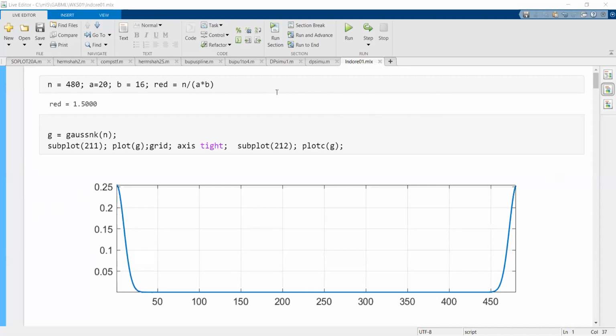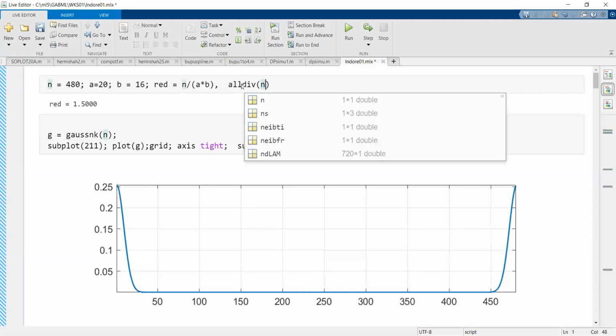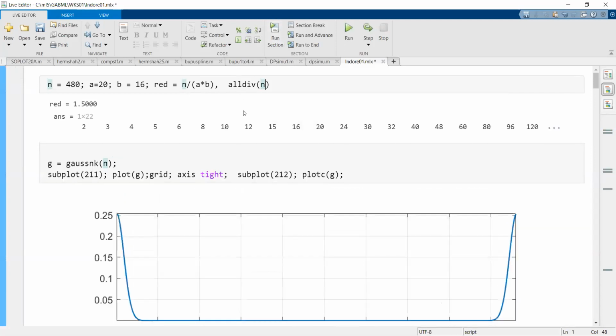So I'm moving now to a situation where we are talking about, on the one hand, linear algebra, but on the other hand, signal processing. So we're talking about signals of length 480. I'm using this because it is a number which has a nice collection of divisors. In the case of integers, every natural number is giving you a lattice.